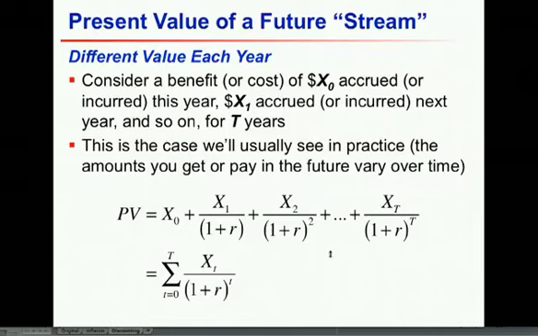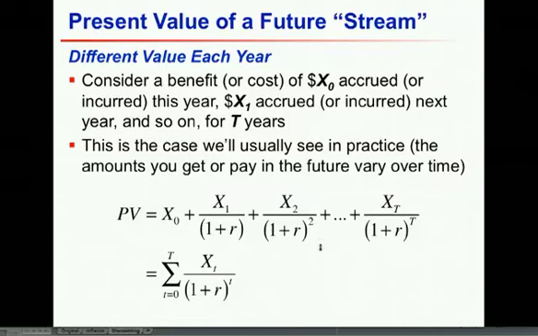Then again, you just sum up the present value. For each individual cost or benefit, let's take it as a benefit for now. The present value of a benefit of X sub 0 now is, of course, X sub 0. The present value of an X sub 1 received a year from now is X sub 1 over 1 plus r, and so on, to the present value of X sub t received t years from now, which is X sub t divided by 1 plus r raised to the t power.